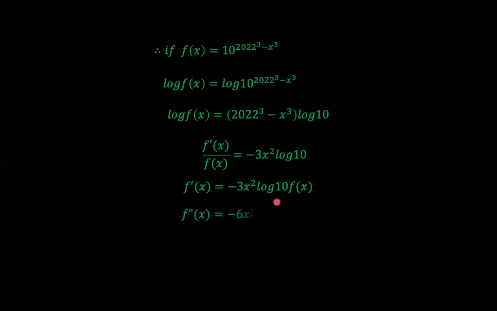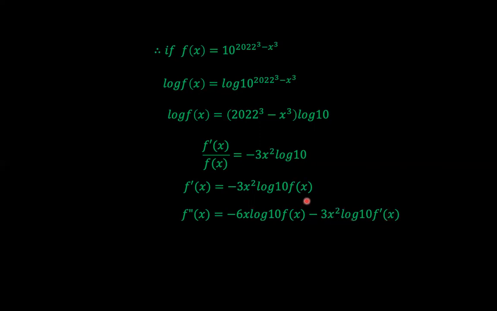And the second derivative is therefore the derivative of the first factor, and then the derivative of the second function. So this is negative 6x log 10 f(x) minus 3x squared log 10 times the derivative of f(x).